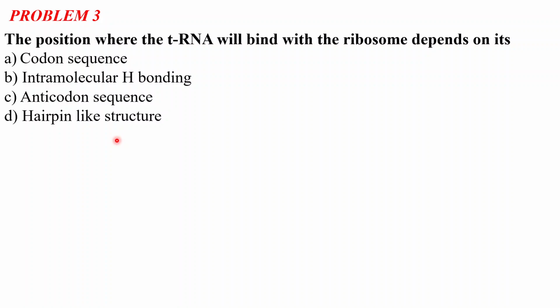Where tRNA will bind on the ribosome, the position where it will be binding on the ribosome, depends on which thing? Codon sequence, intramolecular hydrogen bonding, anticodon sequence, or hairpin-like structure. Let me know in the chat box.